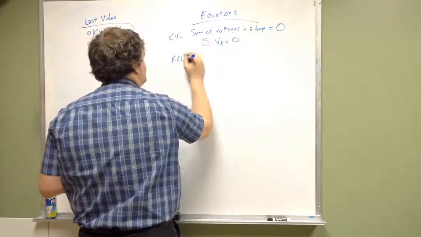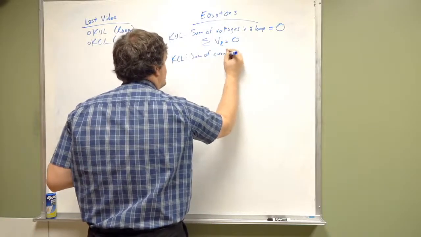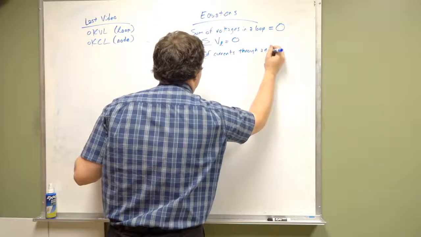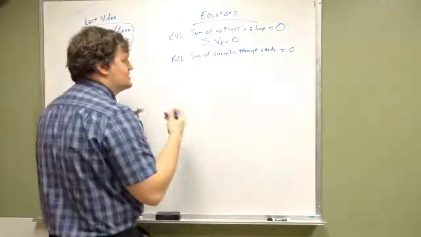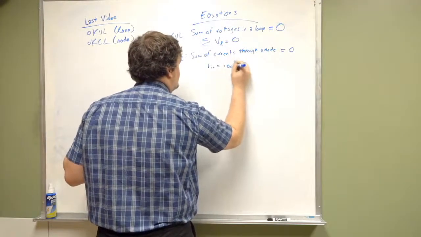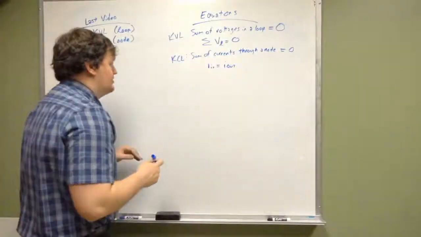We have KCL, sum of currents through a node equals 0. Or we can write it as in equals out, so I'm going to go ahead and do that. I in equals I out. All right, there's 2 equations knocked down.